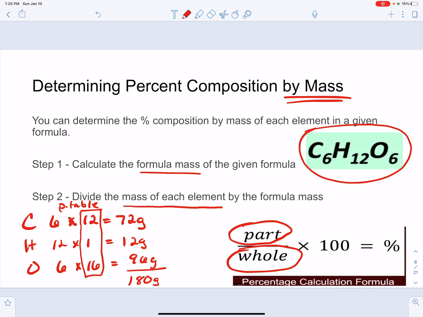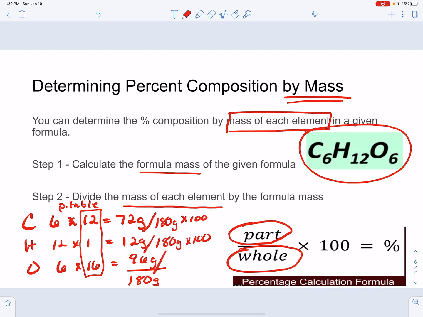Now, in order to find the percent composition of each element, I'm going to take the mass of each element and divide by the total. For example, I'm going to divide 72 by 180 grams and take that times 100. I'm going to divide 12 by 180 grams and take that times 100, and divide 96 by 180 grams and take that times 100.